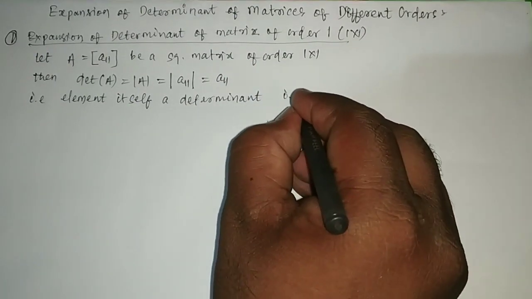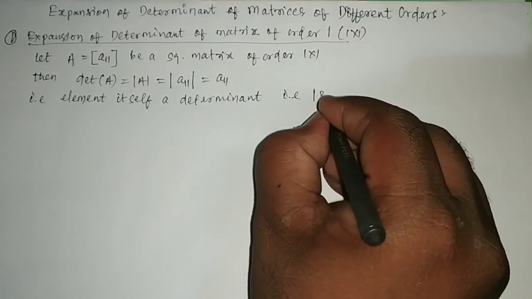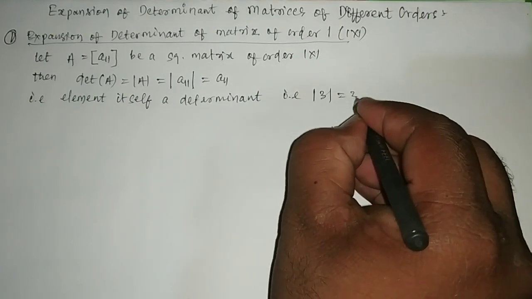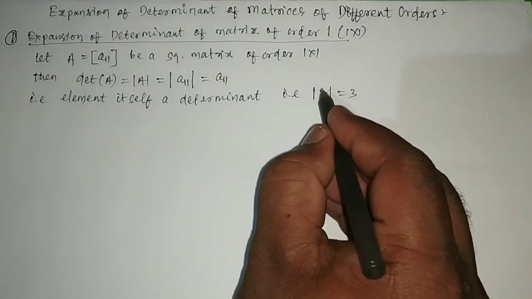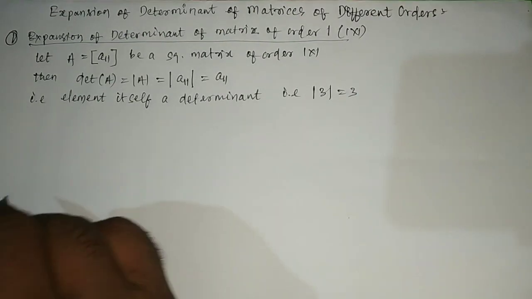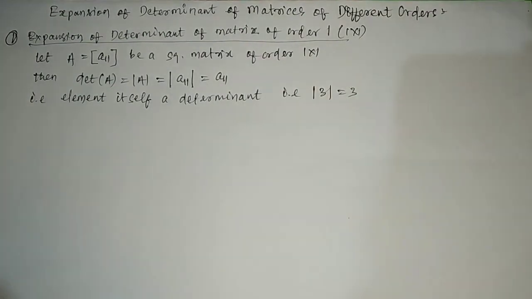Another example: determinant of 3 is equal to 3, because 3 is a square matrix of order 1 cross 1. So the determinant of a 1 cross 1 square matrix is that element itself.